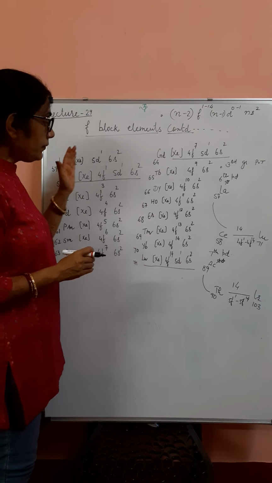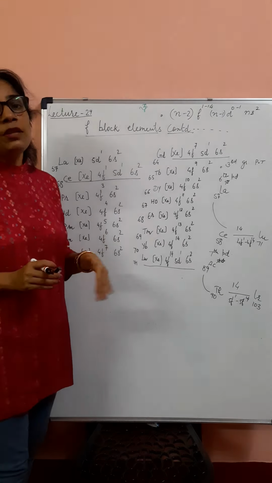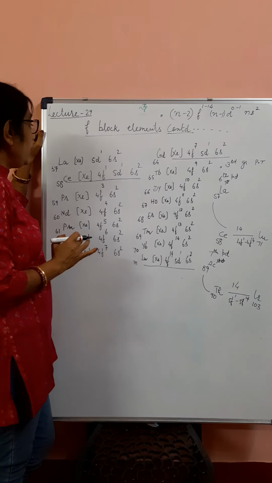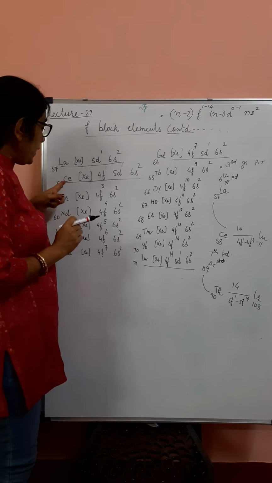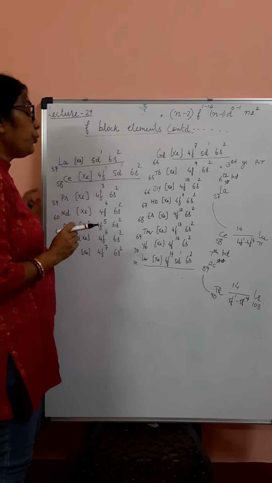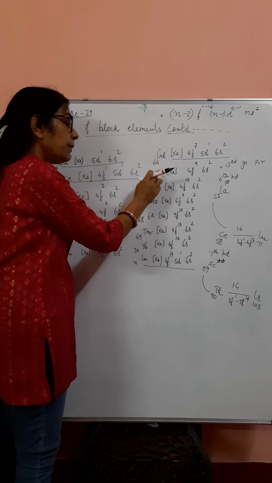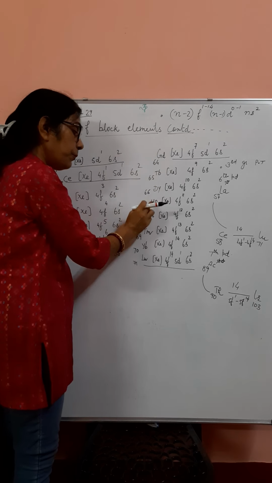Okay. Now let's begin with the periodic trend and properties. So first of all, electronic configuration, my dear students. You can see here lanthanum is a D block element. After lanthanum, it starts with cerium, praseodymium, neodymium, promethium, samarium, europium, gadolinium, terbium, dysprosium, holmium, erbium, thulium, ytterbium and lutetium.